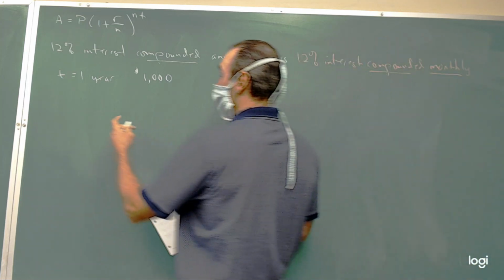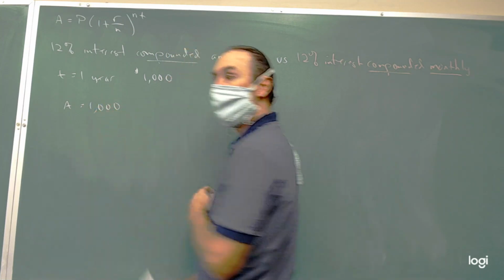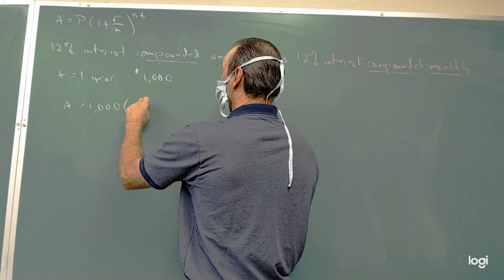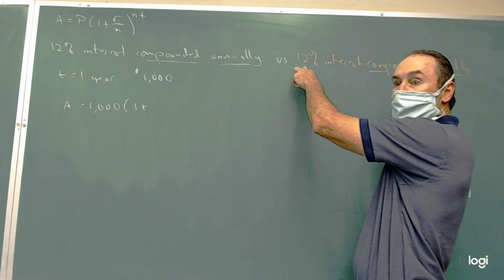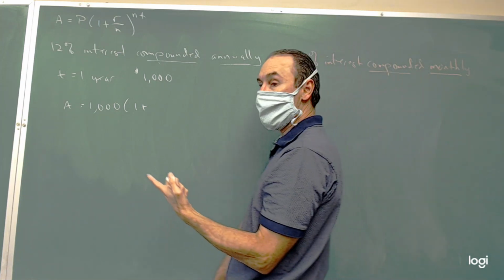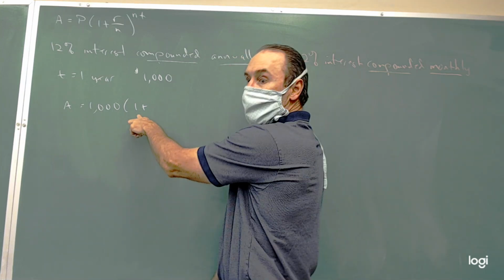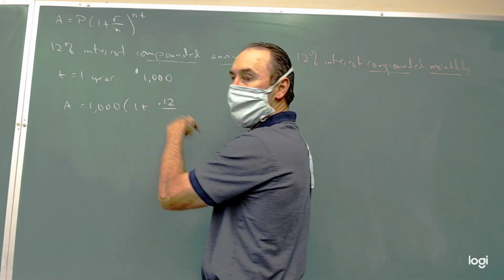So on the first one, A is going to be the 1,000, that's our P. So the 1,000 goes in where the P is. We're going to have 1 plus, and the R, because that is at 12%, has to be converted to a decimal. So the 12% is going to become 0.12. I'm going to say 0.12 for now, just so we can see where everything goes.